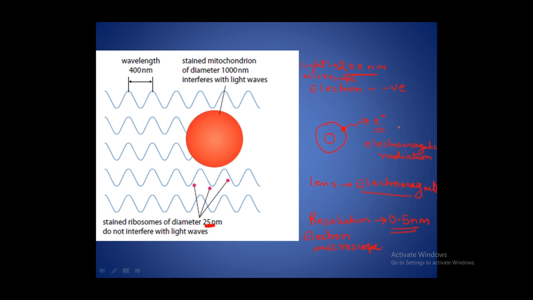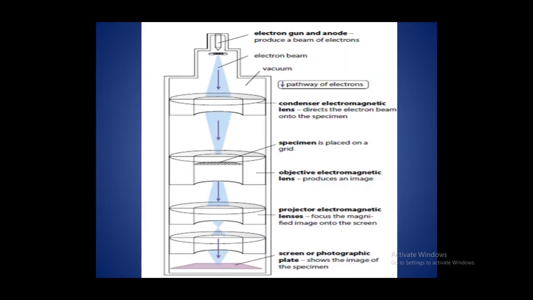Now, the next thing we need to understand is the types of electron microscope, and the pathway of the electrons, how they are moving and how we can observe the samples. If you see in this picture, this is the source of electrons, the electron gun, an anode, which basically produces the beam of electrons.